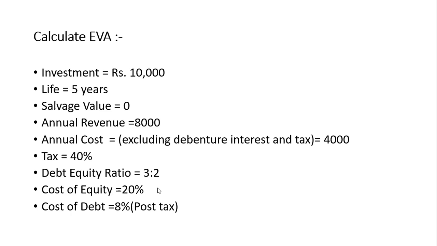You have to pay a dividend of 20% on the face value of the equity share. Cost of debt is the interest cost. This is post-tax, which is good, because otherwise we would have to do KD into interest into 1 minus T. We don't have to, because it is already after tax. KD is after tax, and this will be multiplied with the debt proportion and the equity proportion.